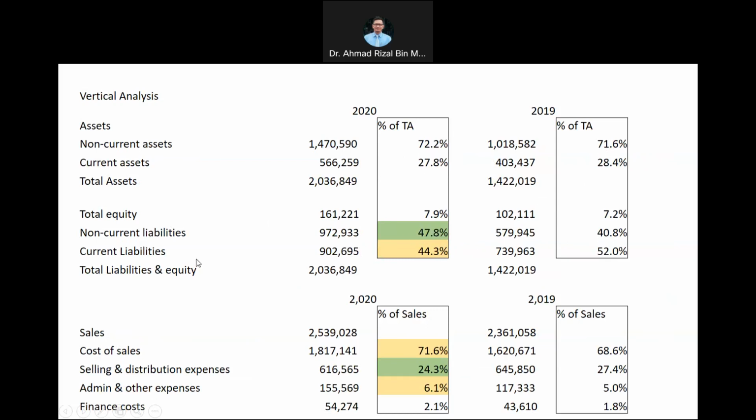For current liabilities, there's a reduction in proportion.